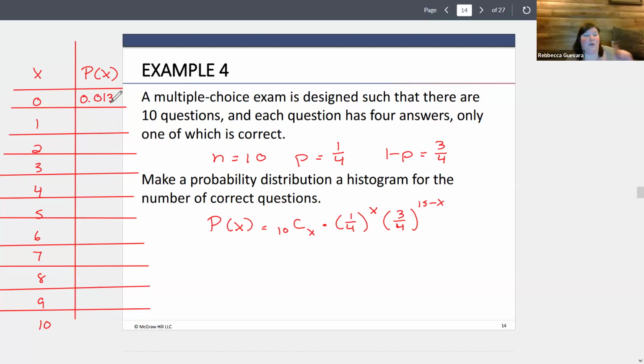If I have one correct answer, so all my X's here are 1s, then I'm going to have 0.045. If I have 2 correct answers, I have 0.067. If I have 3 correct answers, that is 0.059. So we noticed here that if I'm guessing at random, it looks like around 2 is where I kind of peak in my distribution.